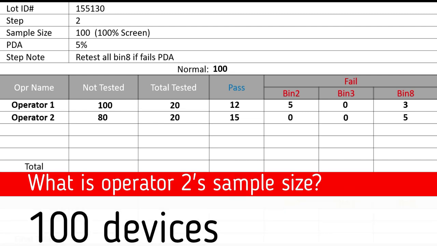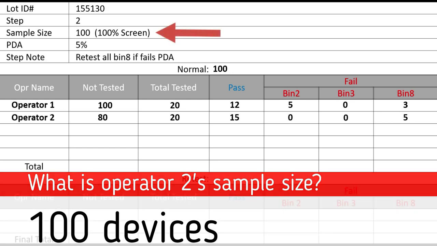Well, 100. This is because operator 2 is on the same step as operator 1. The not tested and the sample size aren't always the same number. Remember, sample size is the previous step's passes, not the previous operator's not tested.